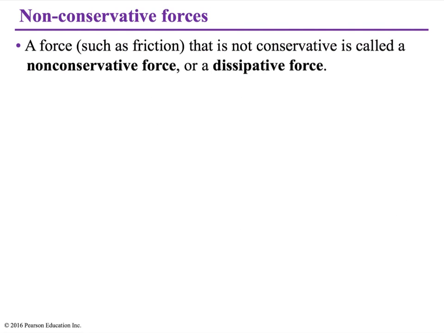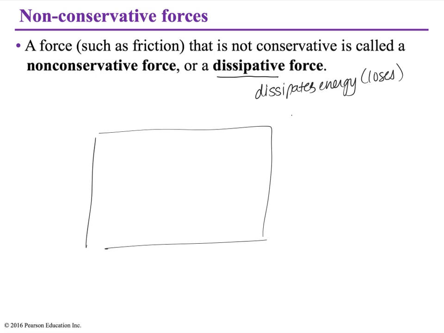Now, sometimes we have a force that's not conservative. Sometimes we refer to it as a dissipative force because it dissipates energy, it loses energy. So let's say we have a tabletop, and there is friction on the top, and we move an object along the tabletop. Here's the initial point, and here's the final point.